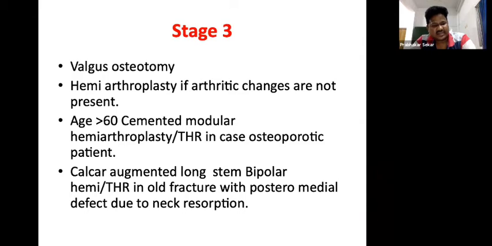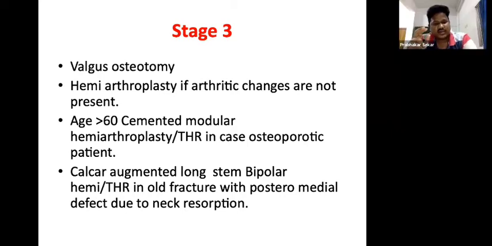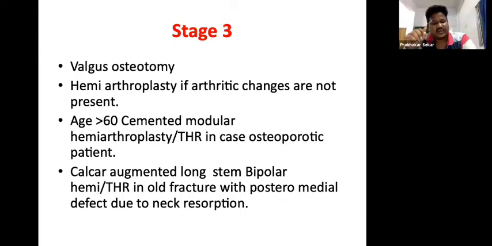If arthritic changes are present in those more than 60 years, cemented modular bipolar or THR in case of osteoporosis. And if there is a posteromedial defect in the neck, you should be prepared with a calcar augmented long stem bipolar hemi or calcar augmented long stem THR, total hip replacement.